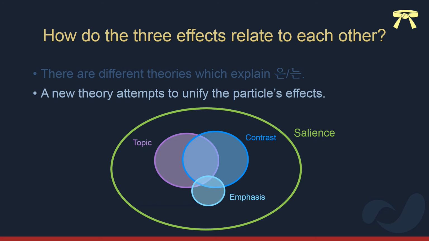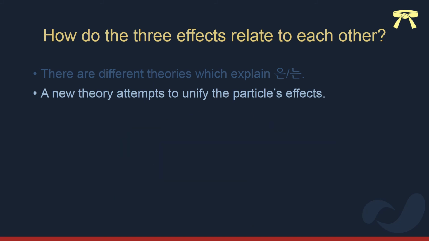In order to give these three effects, the salience of an item needs to be raised, and the theory says nun serves this purpose. The salience theory is attractive because it explains why nun sometimes cannot be used with topics.